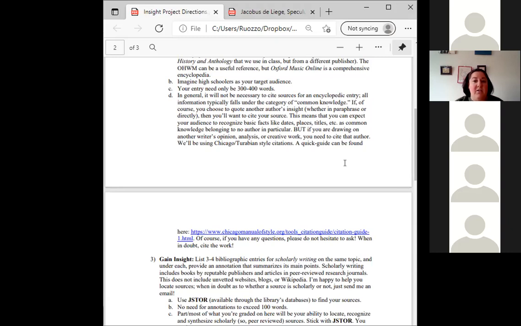So in general, you do not need to have an in-depth bibliography for this part. You should really only be using Oxford and maybe an article or two. But if you do use something other than that, you need to cite it according to the Chicago Manual of Style.